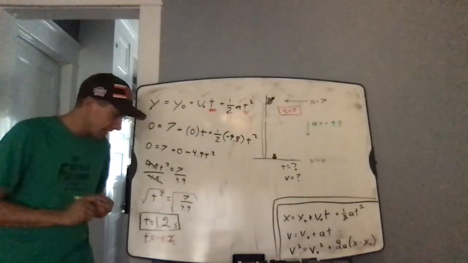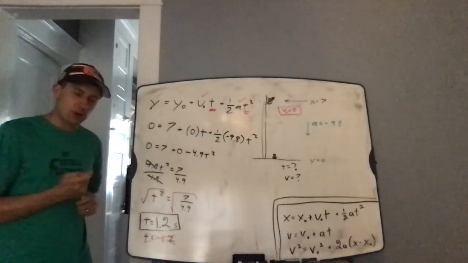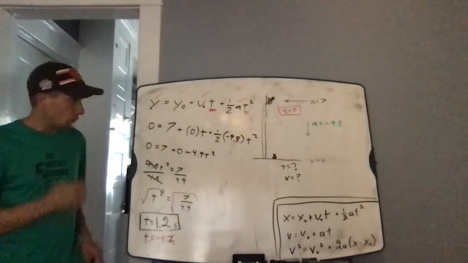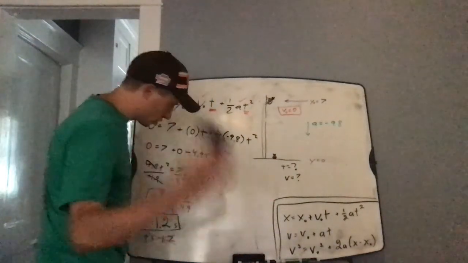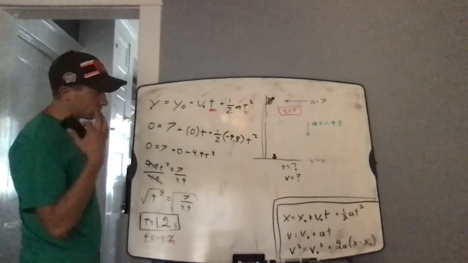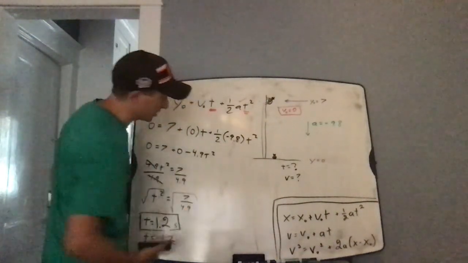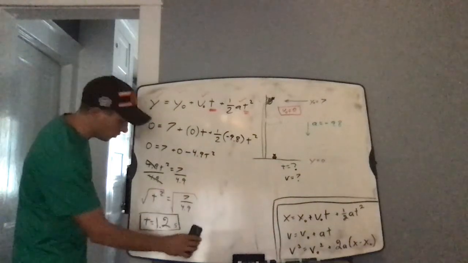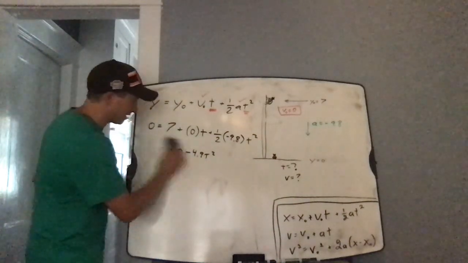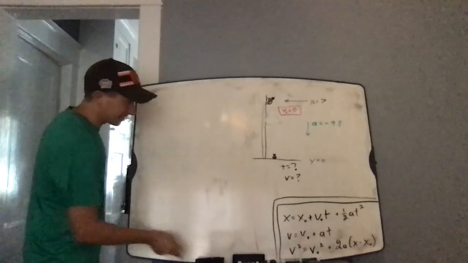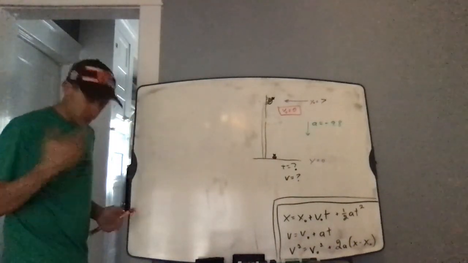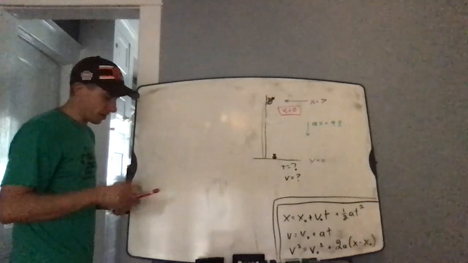For the second part of this problem, we are asked at what speed is the bear moving when it hits the ground? So just like before, I am going to look at these three equations and at what I know, and see if there's any equation where I know everything except the speed or velocity of the bear.